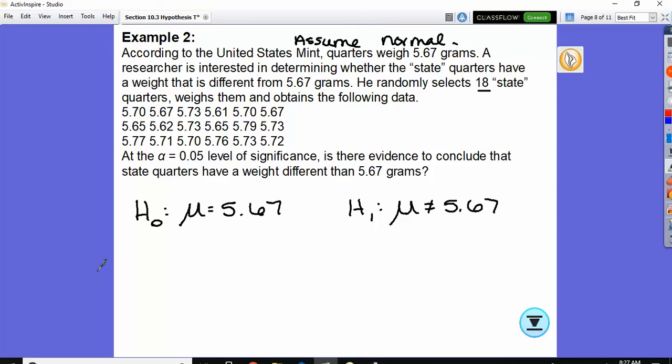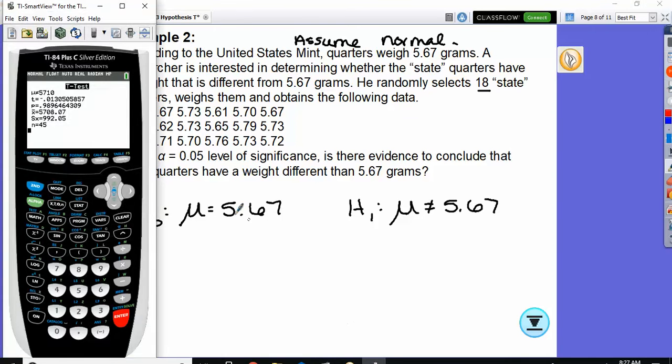For this one, do I have my mean and my standard deviation and all that? No. So how could I get that information? Put it in the calculator. All right, so let's go to, you guys remember how to get there? Stat, edit. You want to put this all in your L1. Clear out anything that's there.